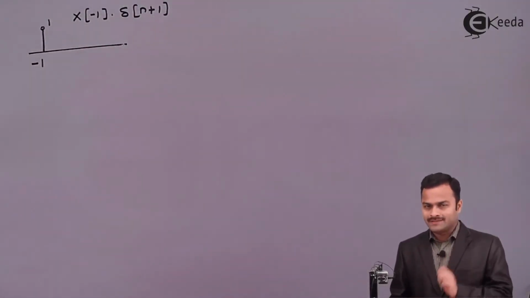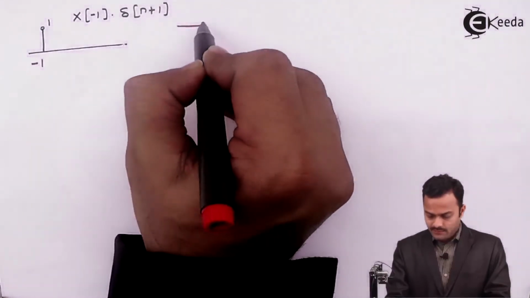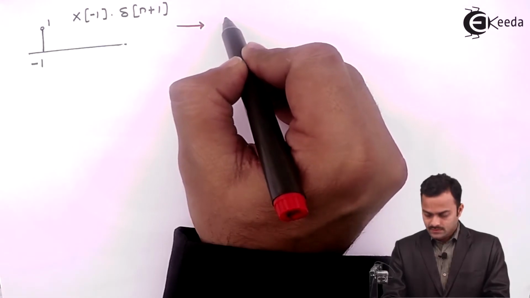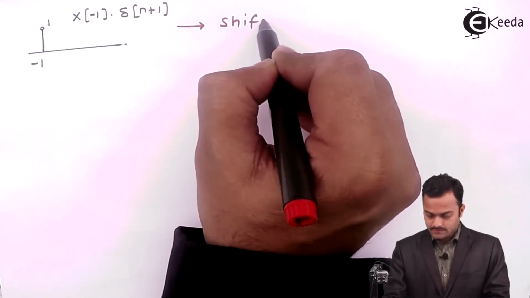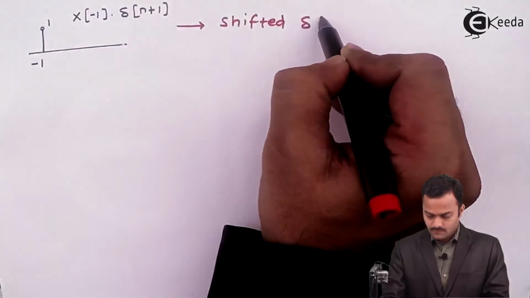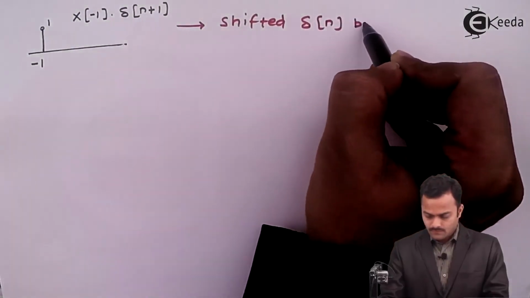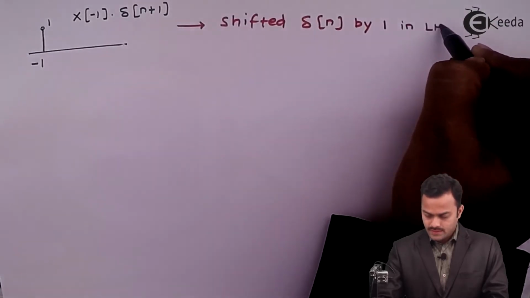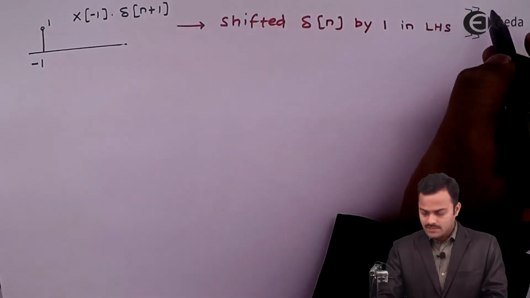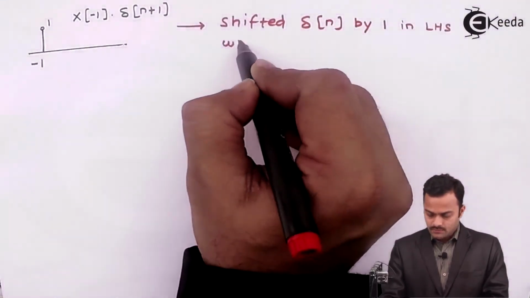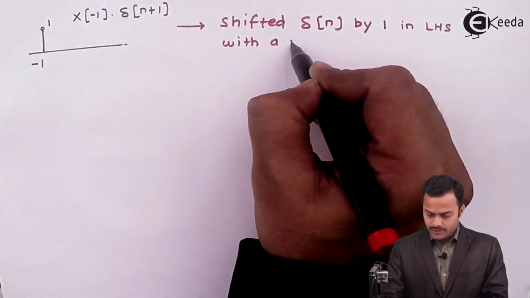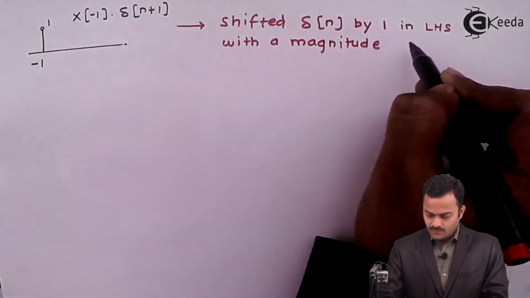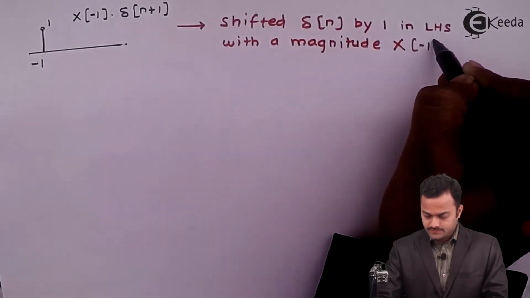So how will I remember this? I will consider this as a signal which is a shifted delta by 1 in the left hand side. That means it is an advance, with a magnitude x of minus 1.